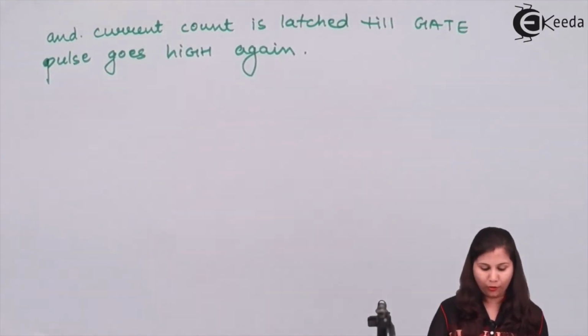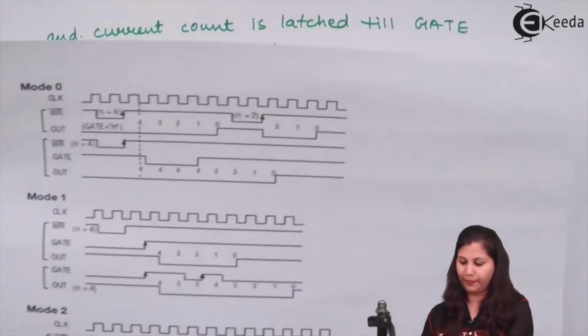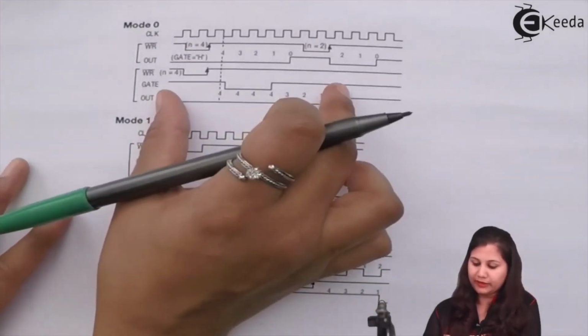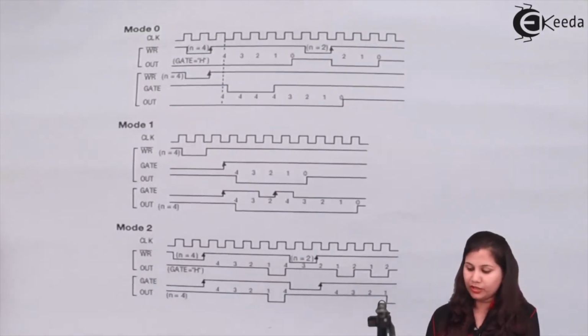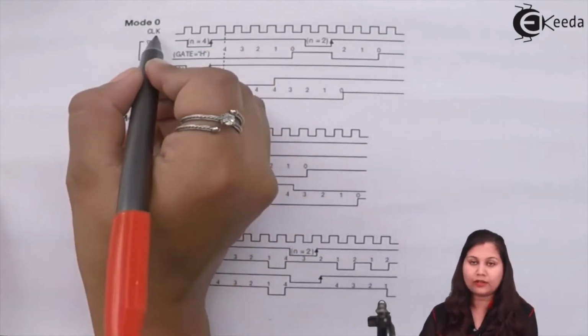So to understand the operation of mode 0, let's take an example and see what the timing diagram of the counter will be. The first figure shows mode 0, in which the first signal is the clock pulse.